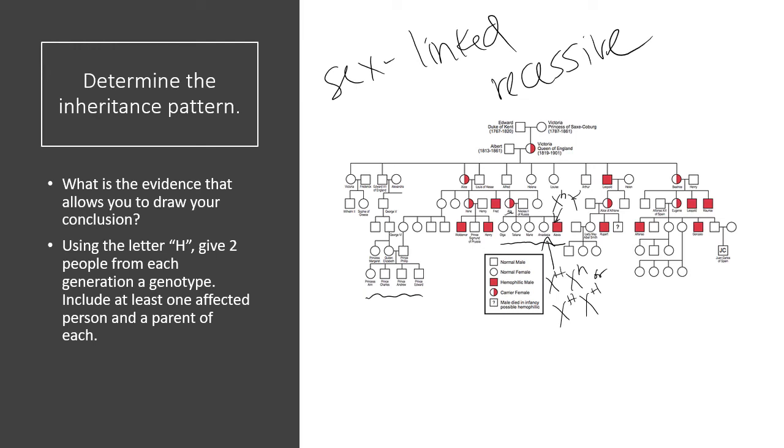We know that the mom, the Tsarina, was X big H, X little h, because she ended up passing on that trait to her son. So again, you could go through and identify what these are. Remember that when it's sex-linked, you're going to have to use X's and Y's.